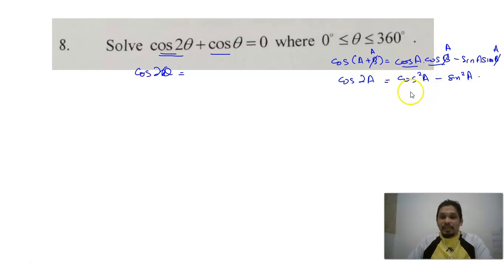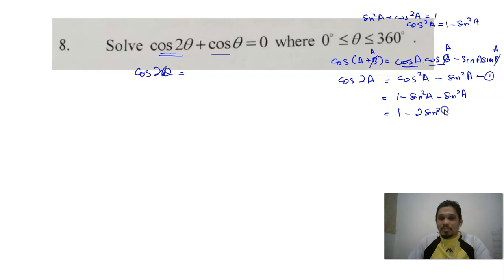Okay, and then from equation 1 here, we can use the other trigonometric identity of sin square A plus cos square A equal to 1. So from here, cos square A equal to 1 minus sin square A. So substitute cos square here, it will become 1 minus sin square A minus sin square A, or equal to 1 minus 2 sin square A, equation 2.